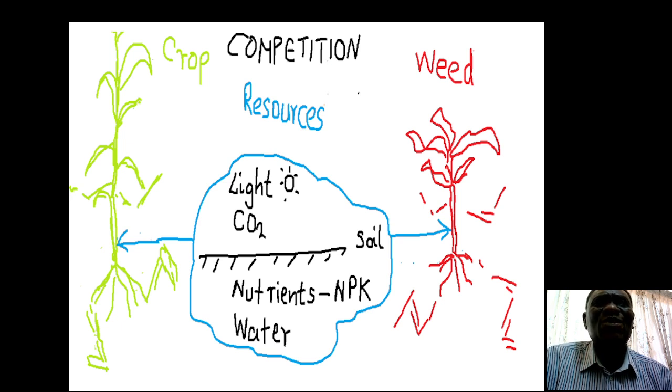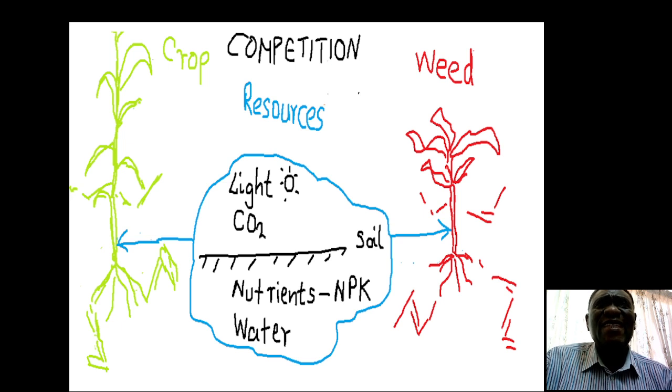And we said there is also interference, which is a combination of allelopathy and competition. And the fourth thing is parasitism.